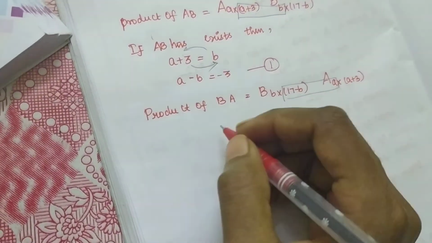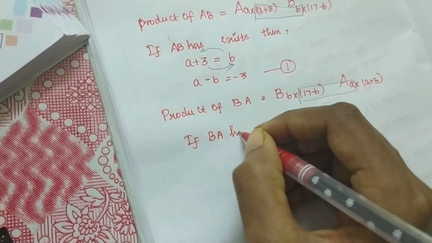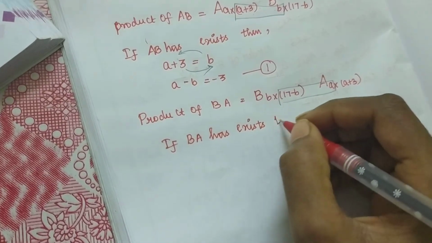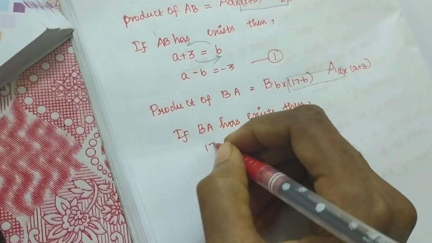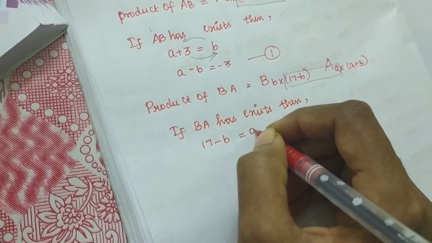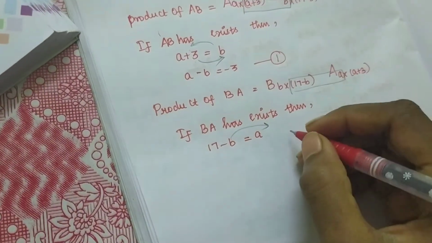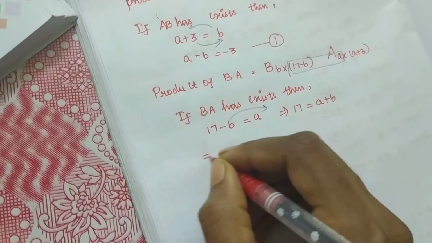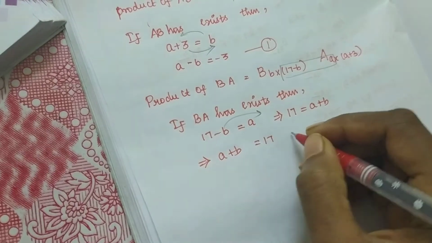If BA exists, then this is equal to this, 17 minus B equal to A. I can move it to this place. So 17 equal to A plus B. That implies A plus B equal to 17, the second equation.